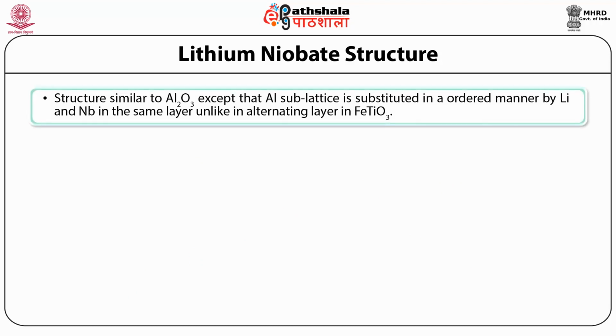Such structures are very similar to Al2O3 structures, except that the aluminium sublattice is substituted in an ordered manner by lithium, that is Li, and niobium, that is Nb ions, in the same layer, unlike the alternating layers in iron titanium oxide, that is FeTiO3.